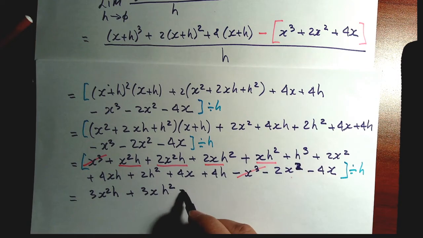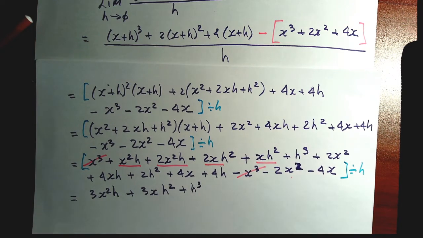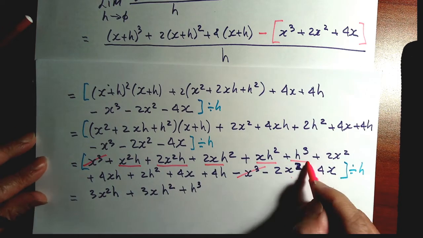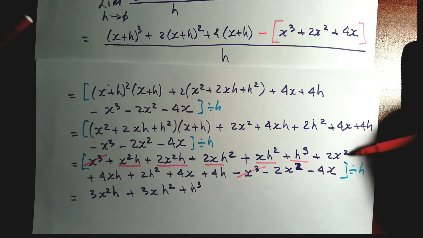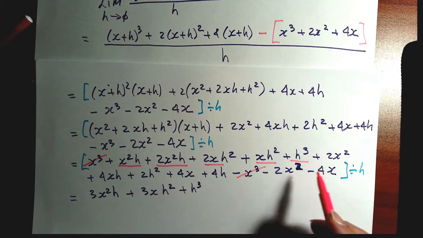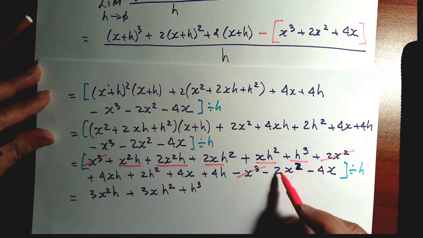H cubed, there's nothing that matches h cubed, so I'll just write it straight below. X squared minus 2x squared, so this cancels out.